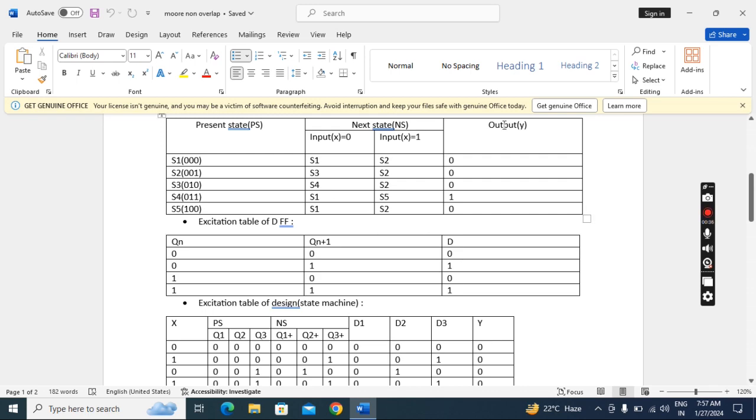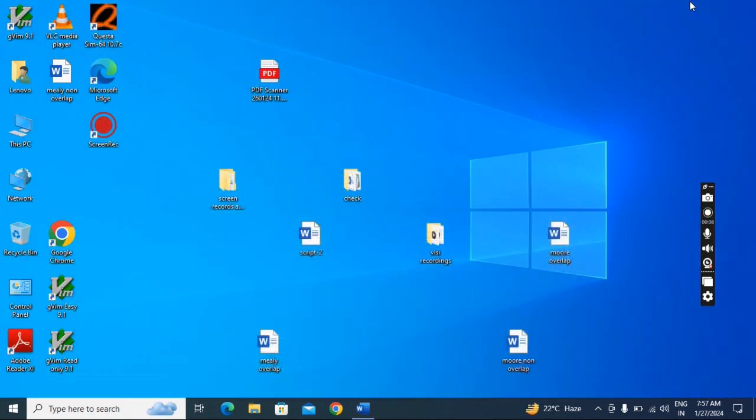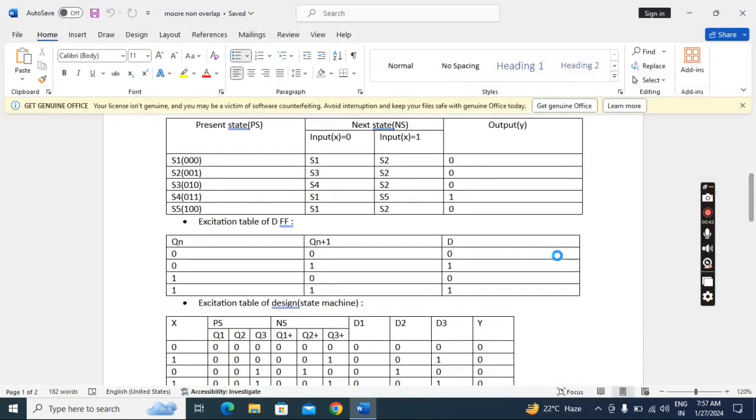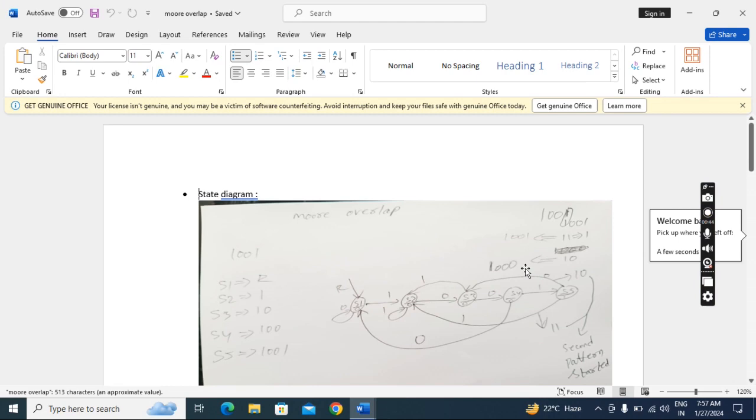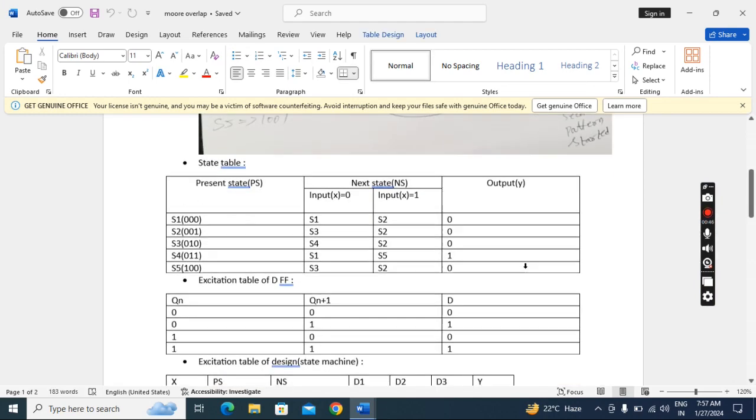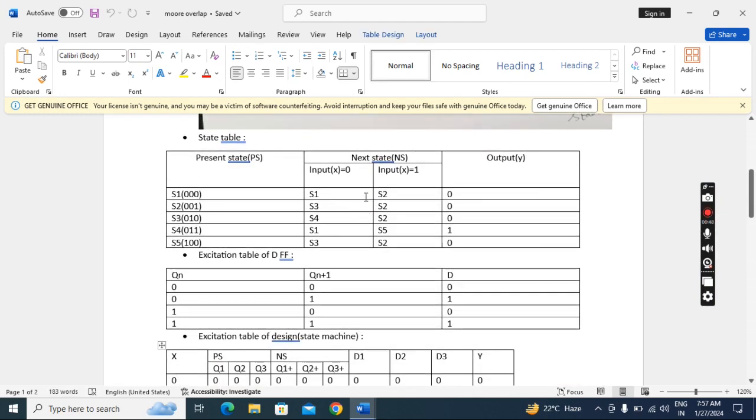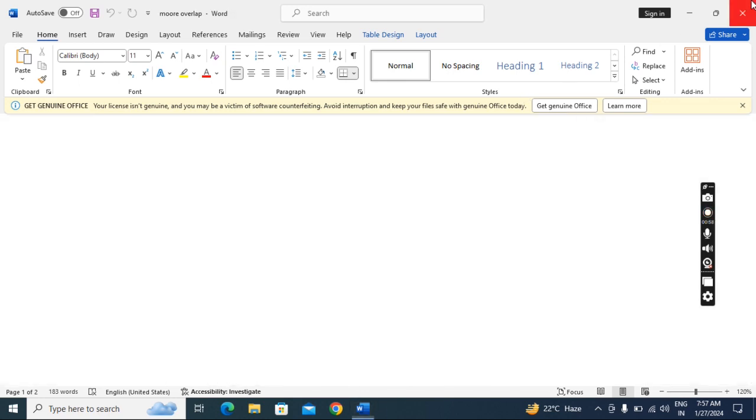Now we'll open overlap. See here what are we getting? 1, 2, 3, 2, 4, 2. Same as we got for the first 3 states. For the remaining states we'll see 1, 5, 3, 2. Now we'll close this.